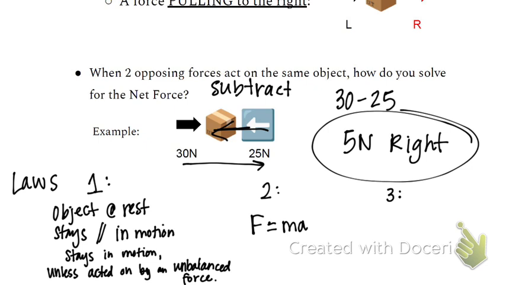And then Newton's last law says what? Yep. Good.